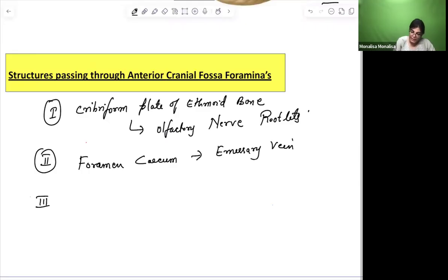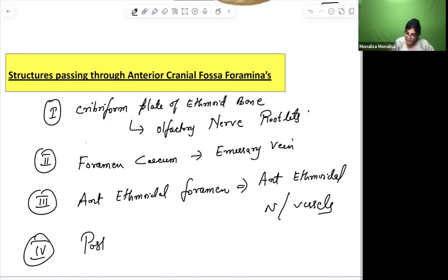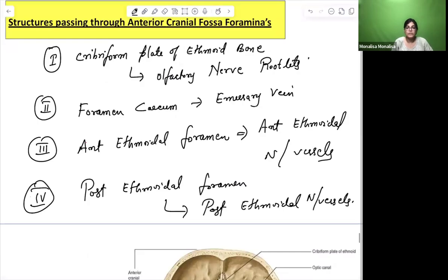What passes through the anterior ethmoidal foramen? Anterior ethmoidal nerves and vessels. And what passes through the posterior ethmoidal foramen? Posterior ethmoidal nerves and vessels.